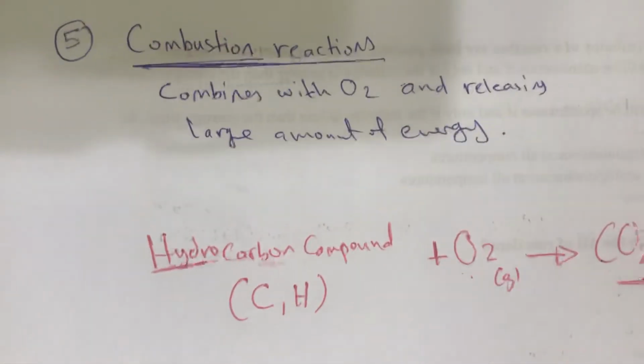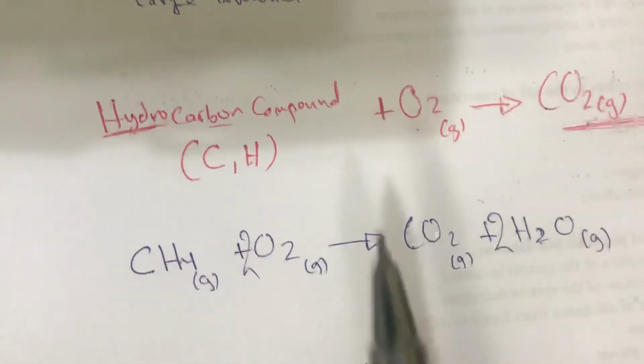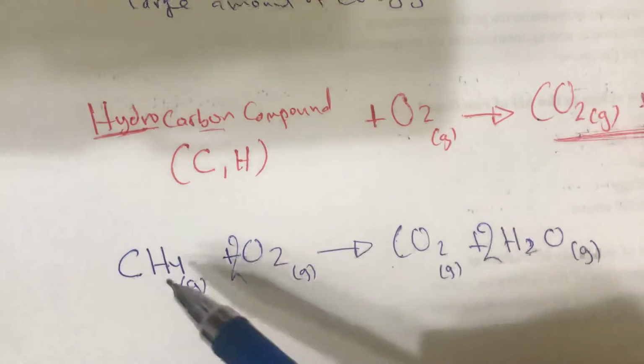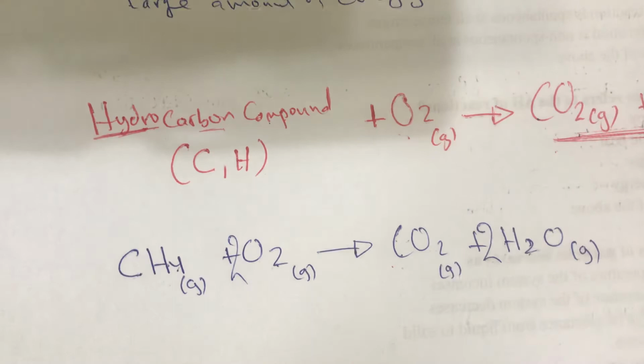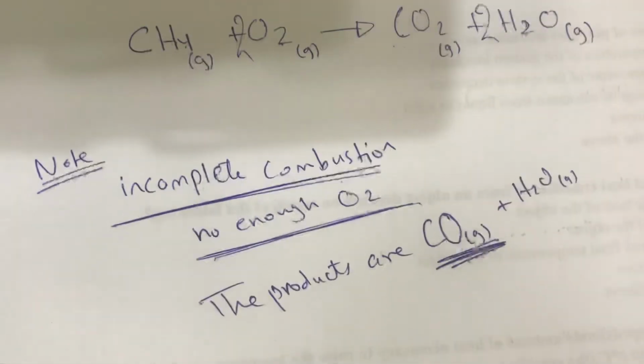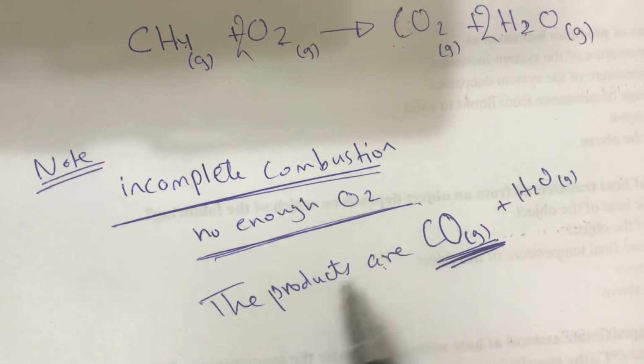So again, combustion means reacting with oxygen and releasing a large amount of energy. General formula: hydrocarbon compounds plus oxygen, the products are fixed: carbon dioxide plus water. But if in the question the combustion is incomplete combustion, you have to know that the products are carbon monoxide and water.